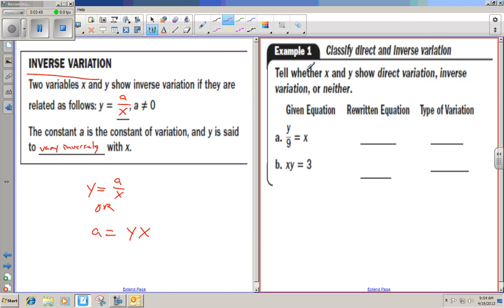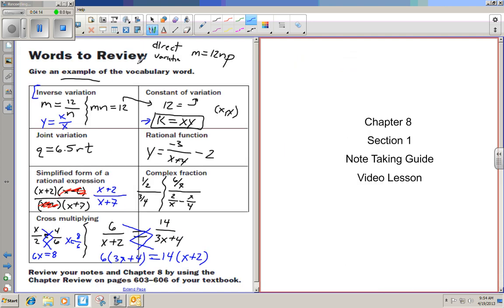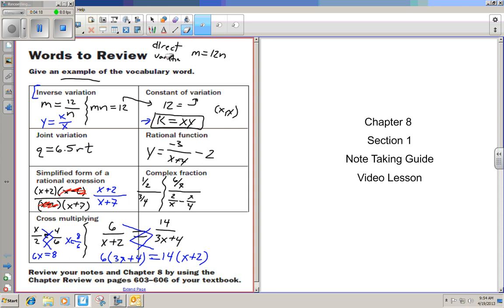All right, let's tell whether these are direct variations or inverse variations or neither. So taking a look at this, let's solve for y for this equation. We do that by multiplying each side by 9, and you end up with an equation that is y equals 9x. All right, going back over here to the vocabulary portion, you'll see direct variations were a number times a variable.